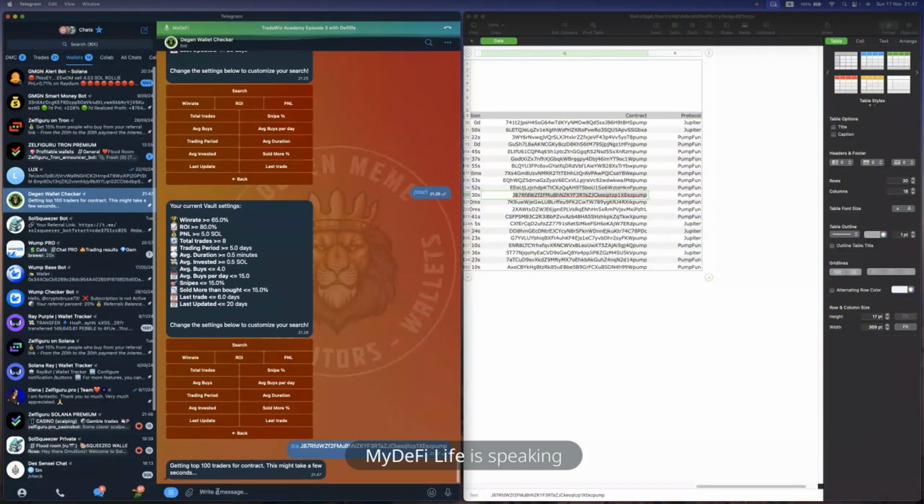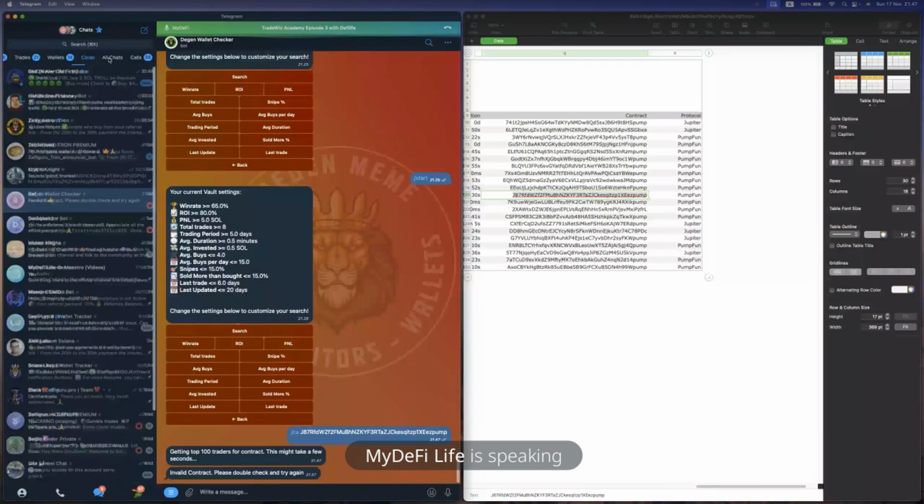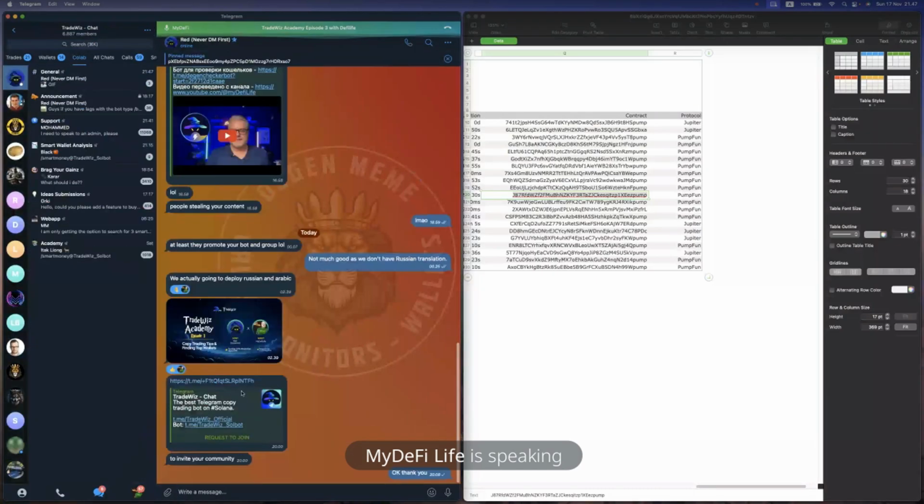So if you want to target a specific contract like Peanut or Loose, some of the tokens that have been pumping lately, they provide some good wallets that you can also find that might not actually be in the vault yet. So that's another way of separating out from the vault itself. If you're inclined to do contract scans, you can, but personally, I prefer the wallet vault. I've been having a lot of success with that recently.